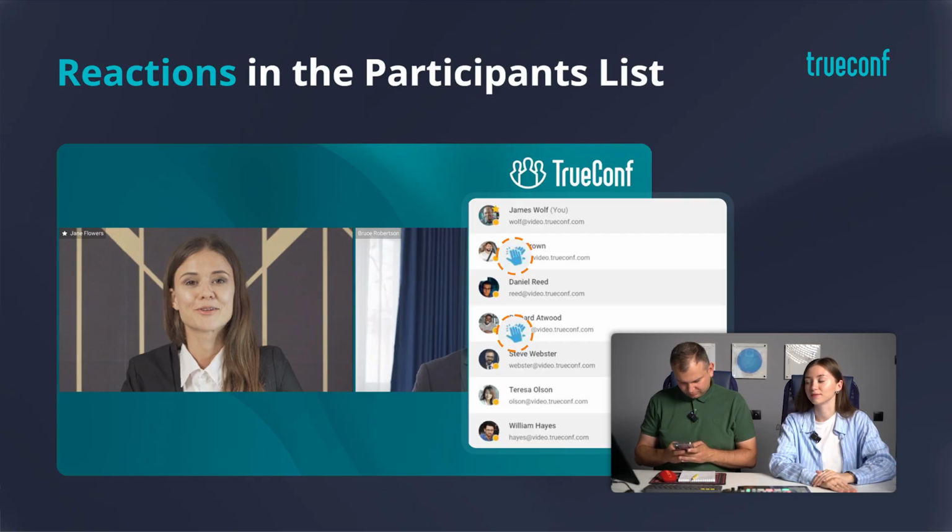And the moderator can immediately see who wants to add something and invite this participant to share his or her opinion. Does it mean that the people who raise their hand will be visible at the top of the list? Yeah, that's right. So they are automatically put at the top. That's convenient.